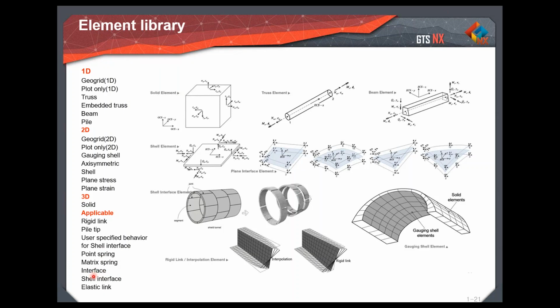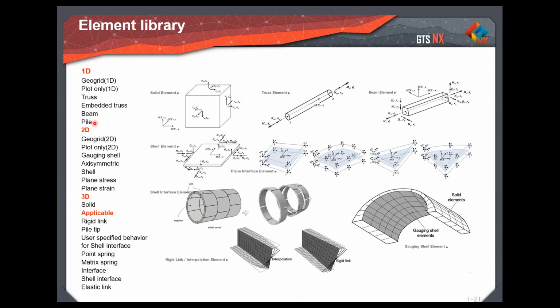In order to have a very realistic condition, we need to go for the interface element, and even that is present in the software. And apart from this, we have a rigid link and a pile tip as well. In order to know the end bearing resistance of your piles, you provide your pile tip. So this is a pile 1D element, and you will have the skin friction data as well: from top to bottom, what is the variation of your skin friction, because we have different layers.